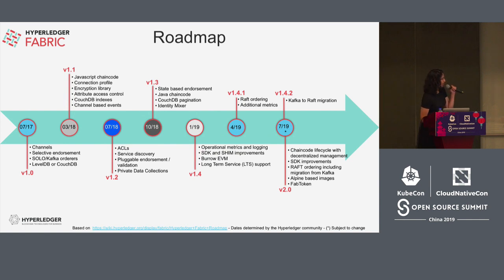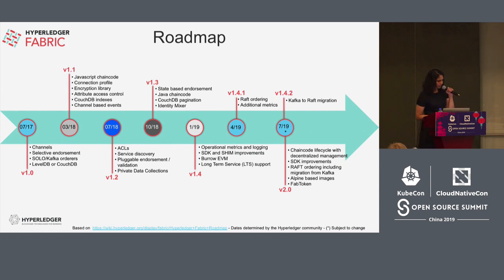With that, we have a change in the chaincode lifecycle, some of the stuff that I was showing today. The Burrow EVM is now something you can kind of plug into the Fabric network. So because I work on that, I'm going to mention that. 1.4.1, what's cool about that is we added Raft as an option. So if you're interested in that, also come find me and I can introduce you to some people.